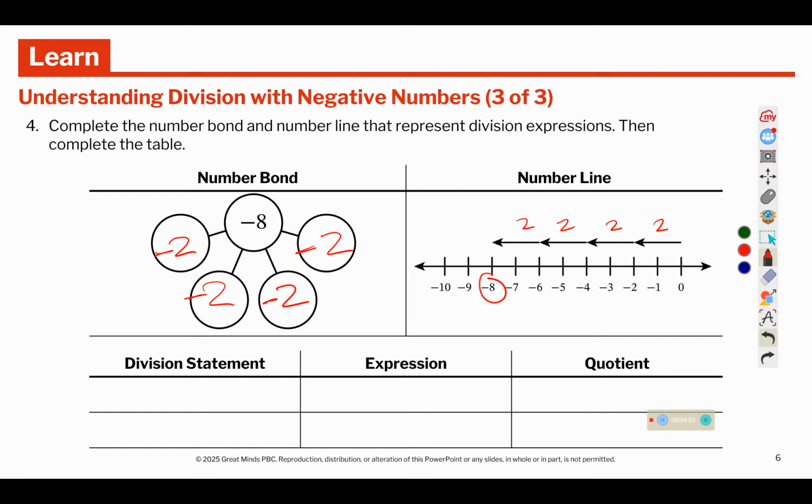Here's a division statement we could write about this number bond. -8 is divided into 4 equal groups. Another way we can think of it is -8 is divided into groups of -2.